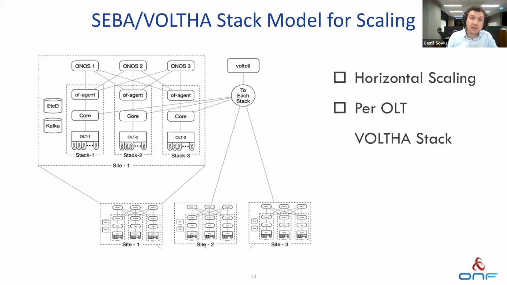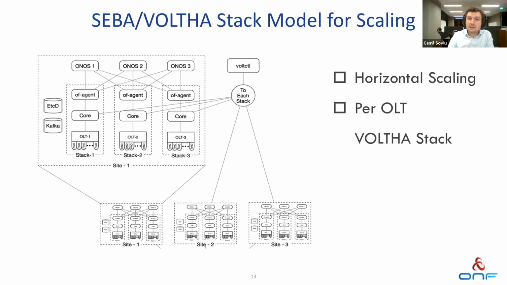This new approach helped the multiple OLT scaling in a single pod. This can also be applied for ONTs, the horizontal scaling part. In every VOLTHA stack, there can be more than one ONT adapter as well. And we see that this helps the scaling.